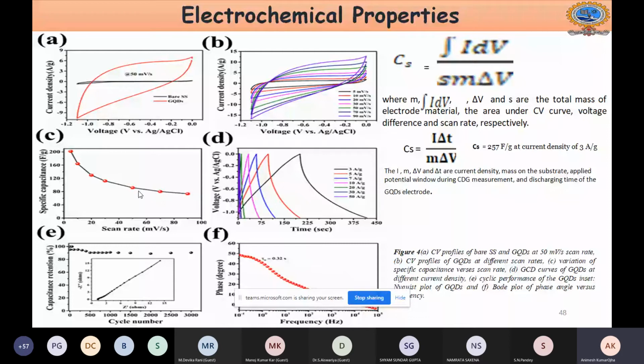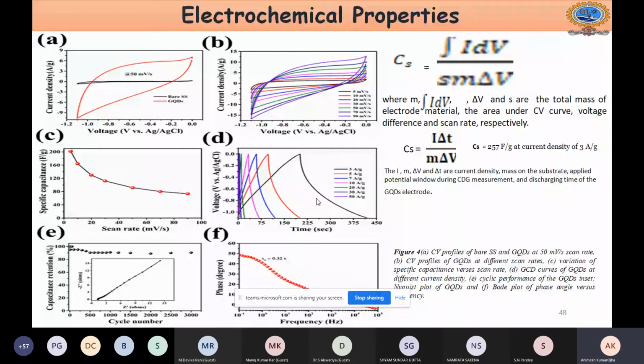Further, the same thing is characterized by the GCD measurement. In the GCD measurement, the triangular shape indicates the presence of the EDLC nature of our electrode material.